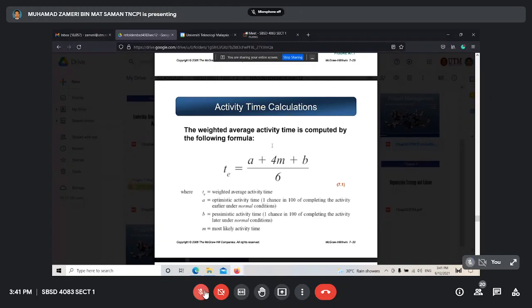Based on this type of time, M, A, and B, you need to determine the average, TE. TE is the average time, equal to A plus 4M plus B, then divided by 6. But why 6?